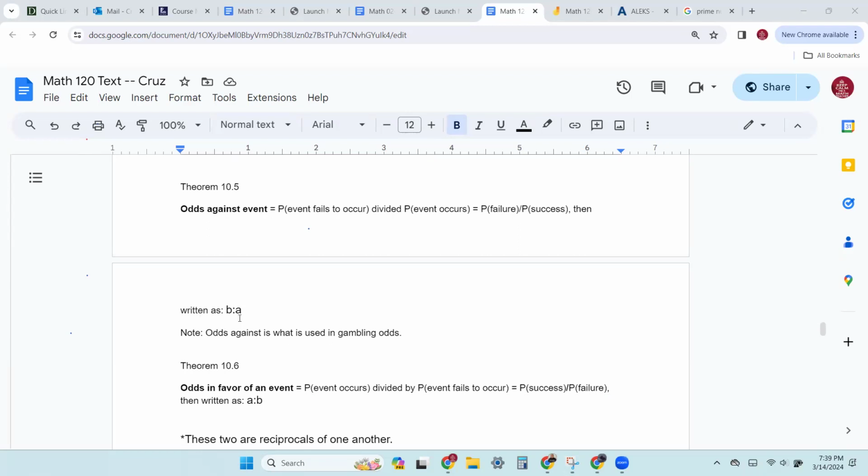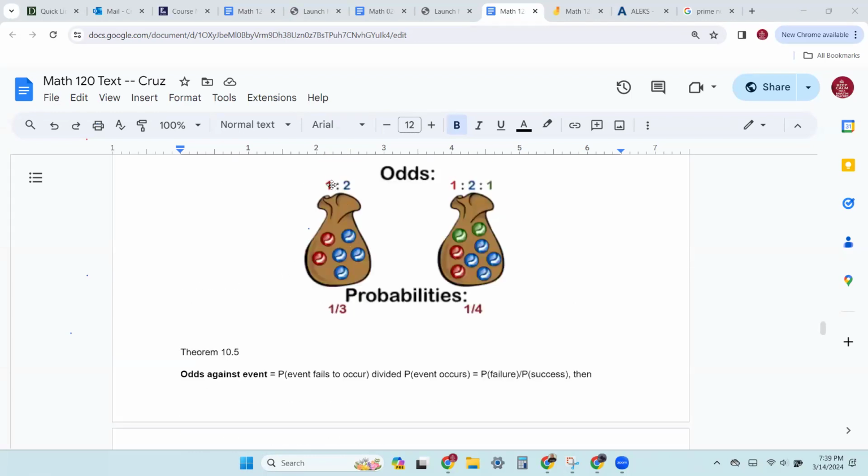Odds against is written as B to A. We call that first one B when we've got odds against. When it's odds in favor, they're just turned around, essentially the reciprocal of one another. And the A goes first with odds in favor. So the A, in the case of this one up here, was the number of red, the 1, and the ones that were not red, the 2, the B.